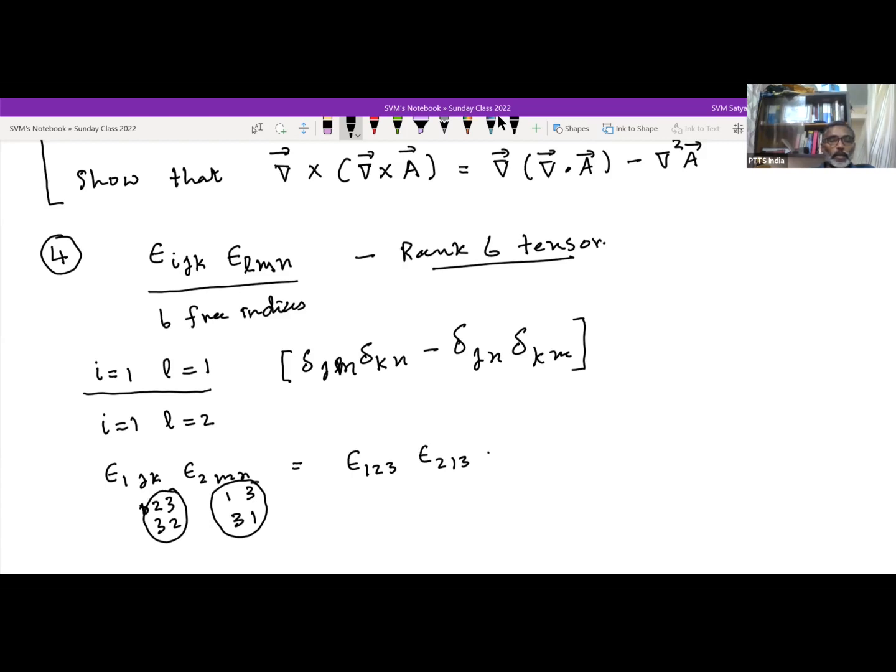Plus, that is one component, and epsilon 1, 2, 3, epsilon 2, 3, 1. That is one component. Then epsilon 1, 3, 2, epsilon 2, 1, 3, and epsilon 1, 3, 2, epsilon 2, 3, 1. These are the components that will be non-zero.